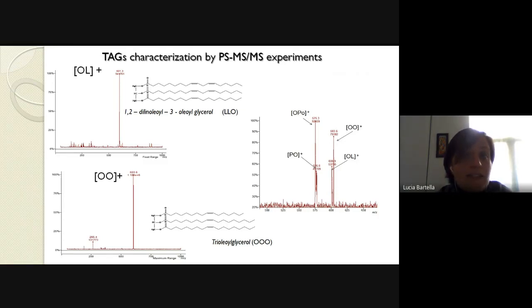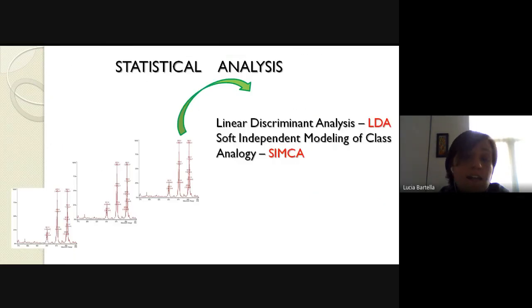Several MS/MS experiments in paper spray ionization mode were performed to characterize the most important ions present in the mass spectra. And finally, we have used the TAG MS profile to perform statistical analysis.